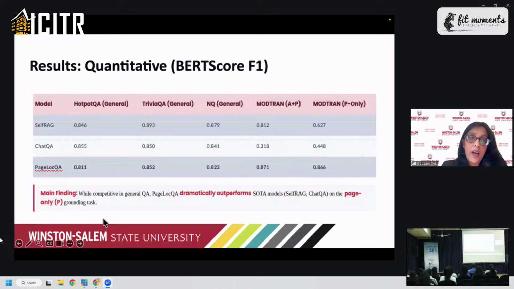So let's see some quantitative results of our system based on an AI evaluation metric, which is the BART score. If you are not familiar with the BART score, it is basically a scoring mechanism that compares the machine generated text and the human generated ground truth, and understands the context.